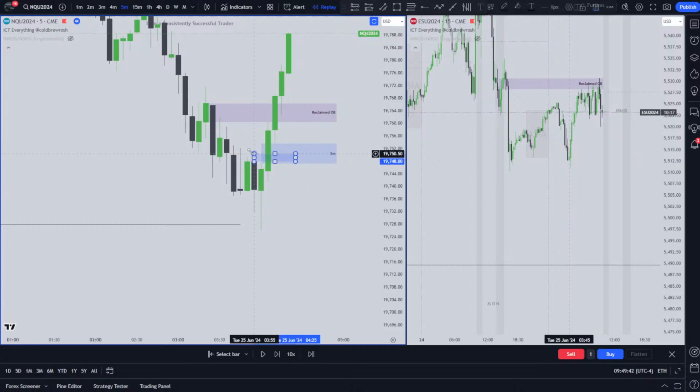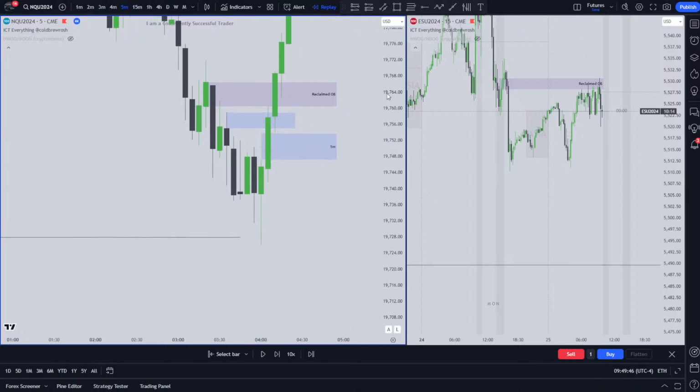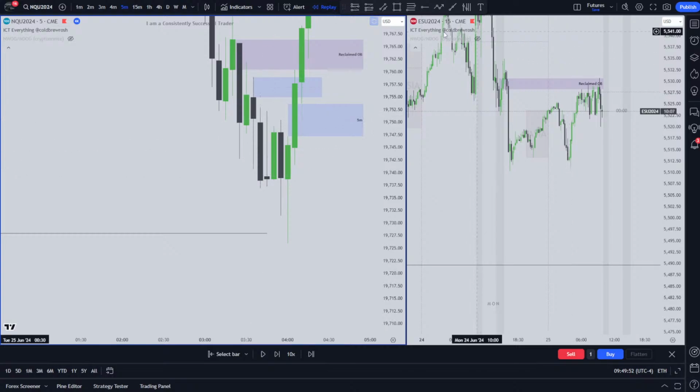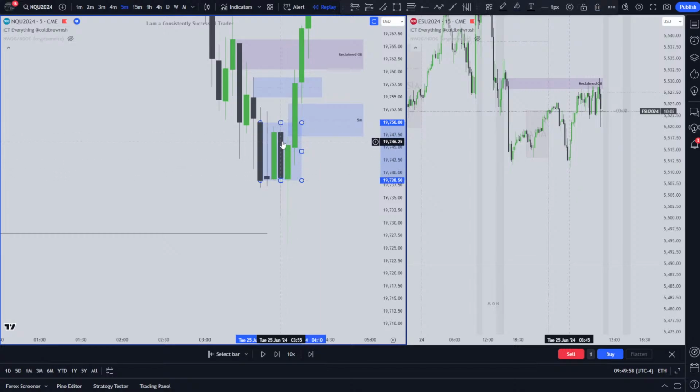Oh no, that's not the order block. This is the order block. I would say this is the order block because of one or two things. This candle here on its own has the largest range from body to body as opposed to this candle here. It also closes at the closest to the area of support which we have, which is another factor in terms of what's the correct order block.